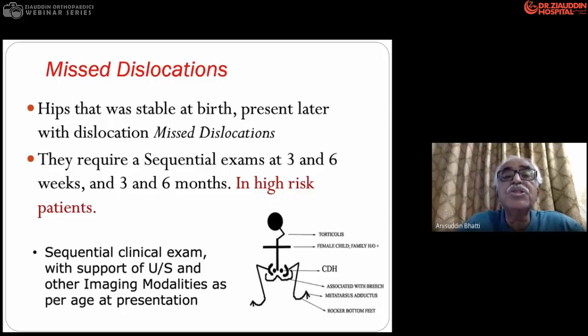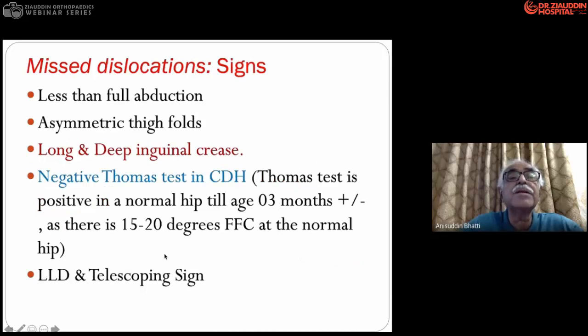And in these high risk patients, they do sequential examinations by ultrasound and clinical modalities. So the signs of missed dislocation are what you really worry about: less than full abduction, asymmetric thigh folds, deep and long inguinal crease, which you can find at the time of birth, and the negative Thomas test. The Thomas test up to 15 months of age in children is positive, because the hip has natural contracture, which is normal up to 3 months and must be present.